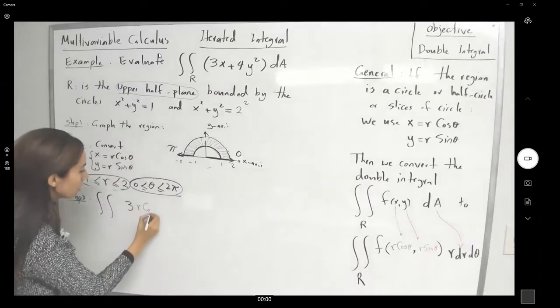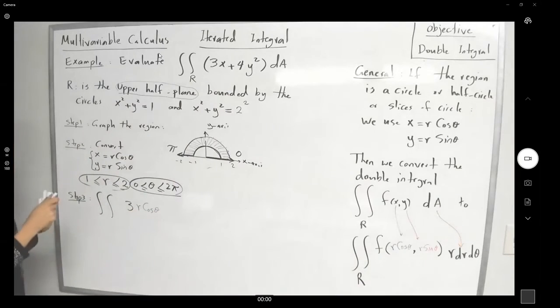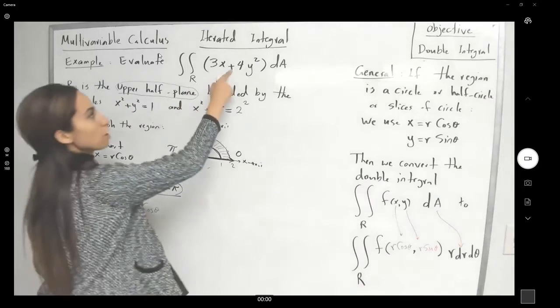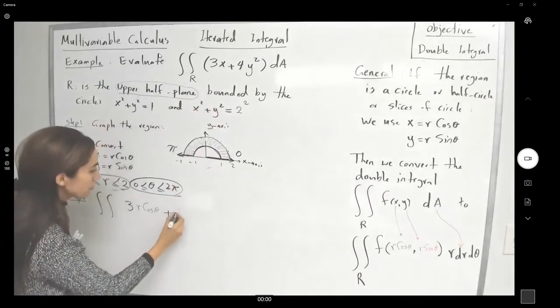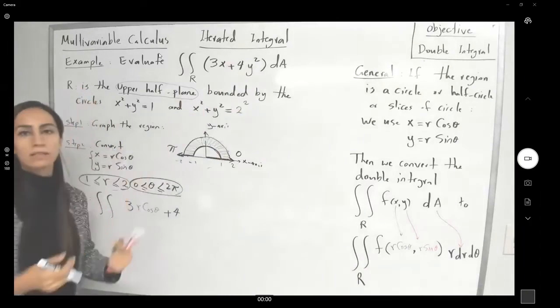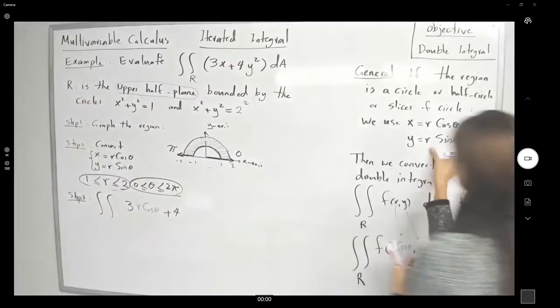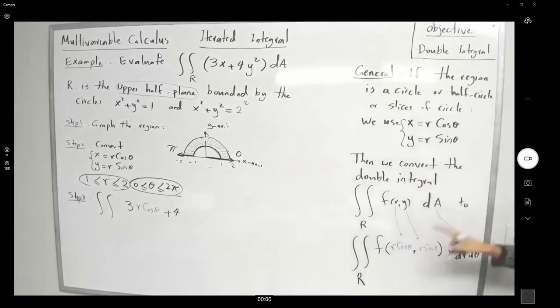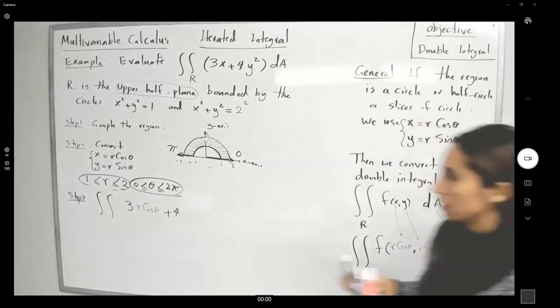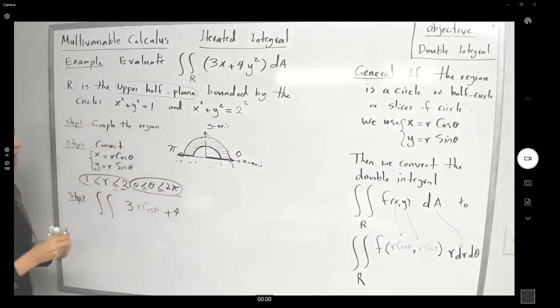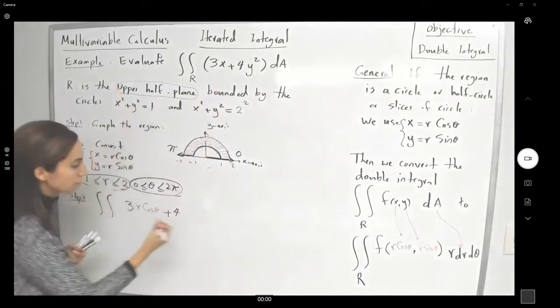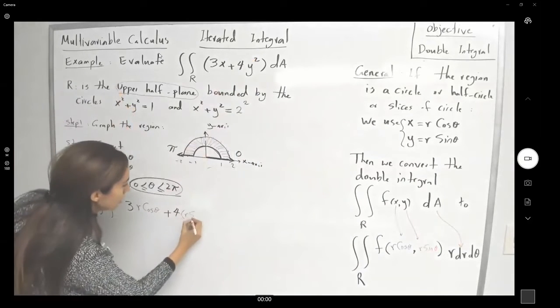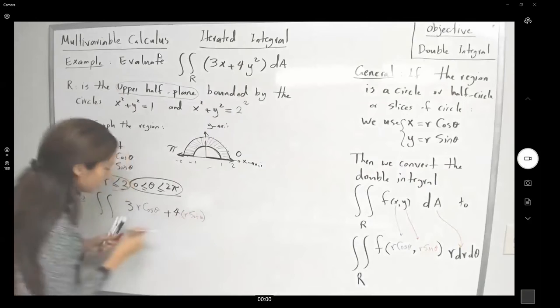R cosine theta. Plus 4 y squared. What is y? Y is defined as r sine theta. Y is r sine theta. So let us write this down, and we have to raise it to the second power. R sine theta to the second.